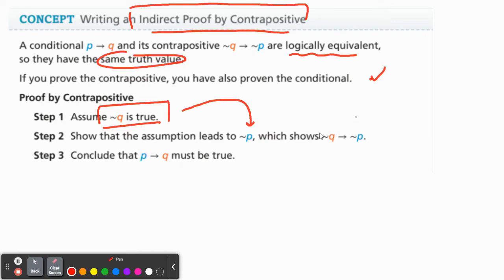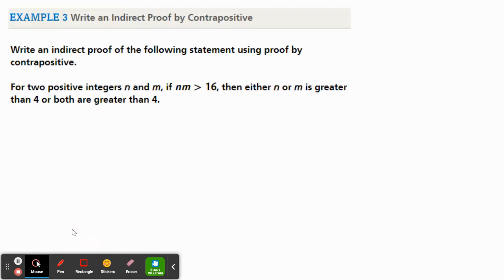If the contrapositive is true, then the conditional must also be true. And this is the idea. So again, it all hinges on this idea that the conditional and its contrapositive are logically equivalent. Okay. And we did that back when we wrote statements.